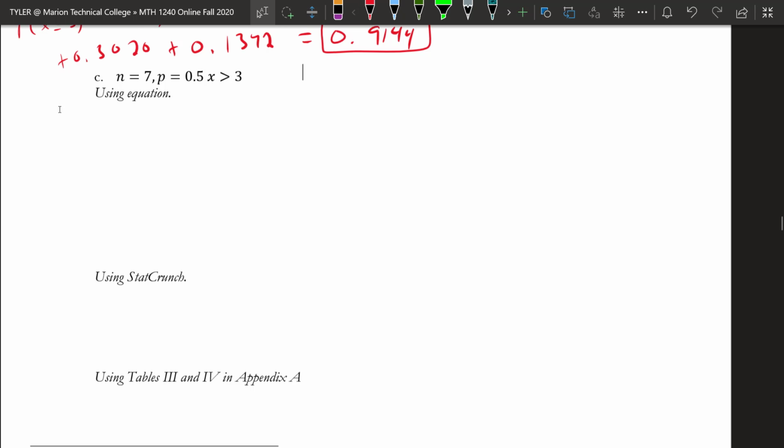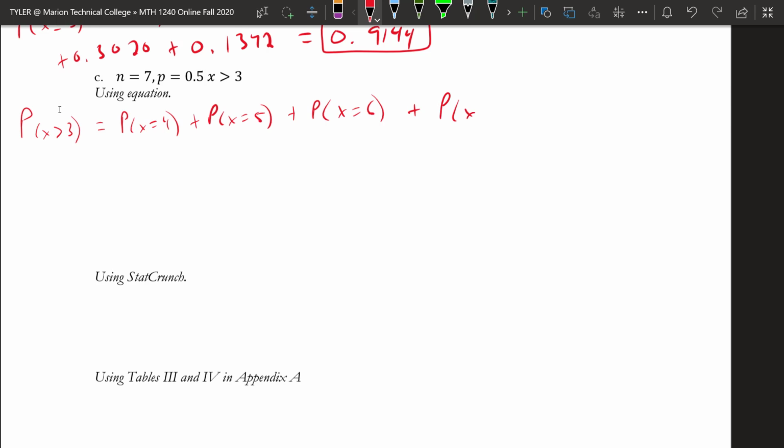All right, so then part C, we have another example. So we have n equals 7, p equals 0.5, and x is greater than 3, right? So the probability that x is greater than 3 is equal to the probability that x equals 4 plus the probability that x equals 5 plus the probability that x equals 6 plus the probability that x equals 7, right?